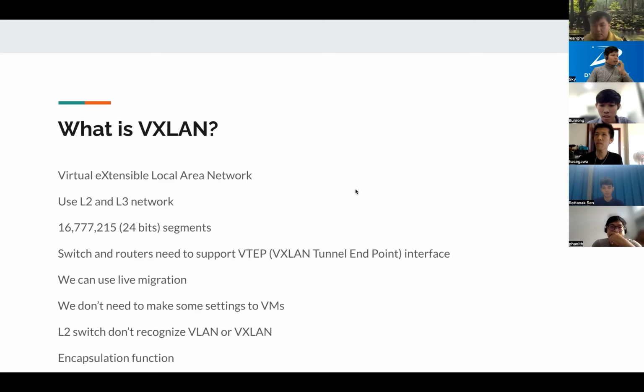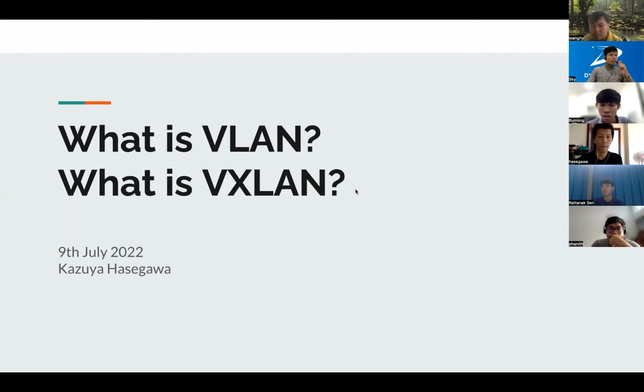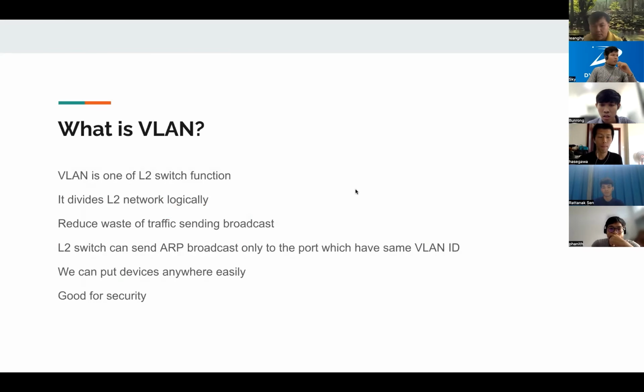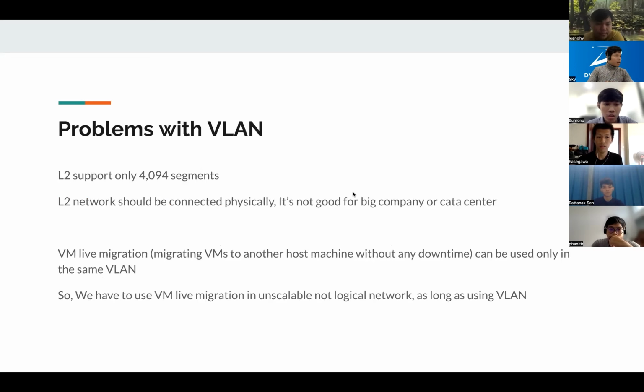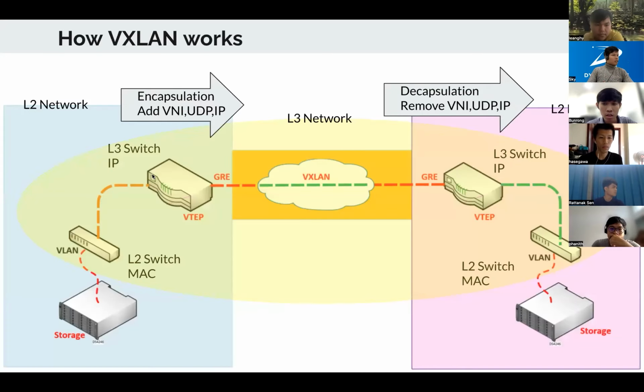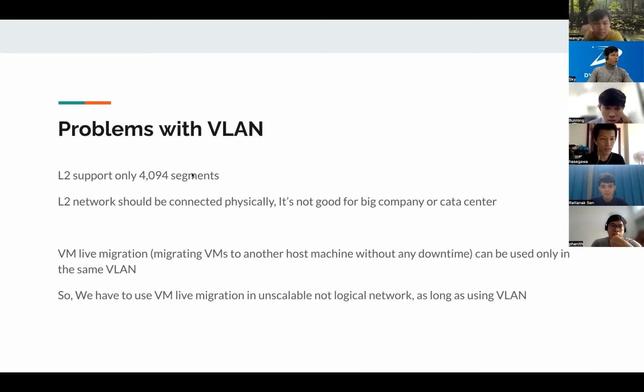I don't understand what the segment is about. Is it the speed segment? One VLAN can support 4,000 segments.